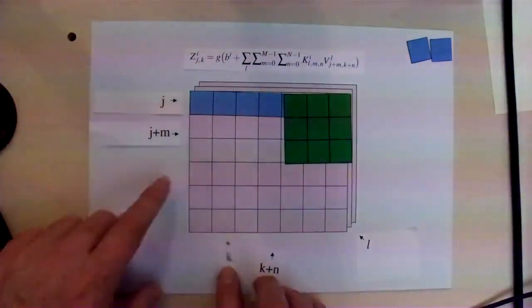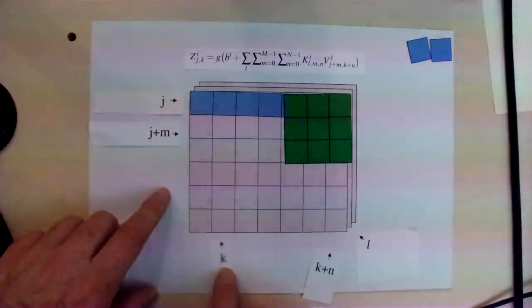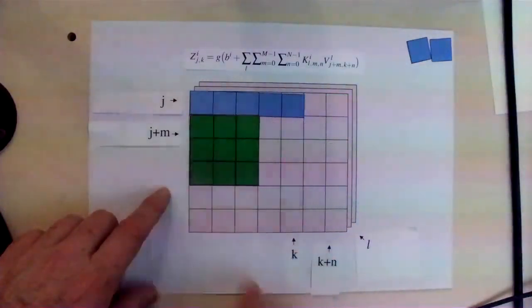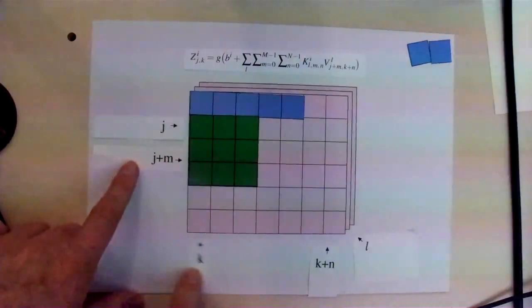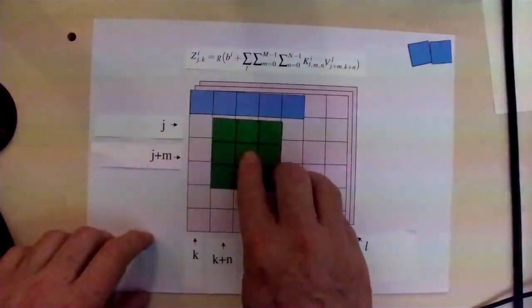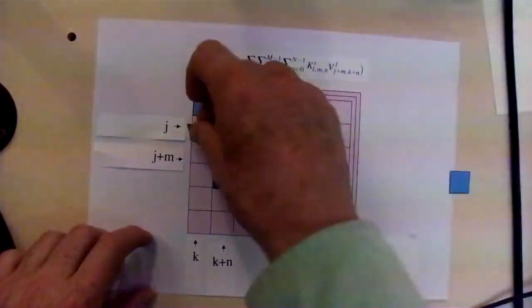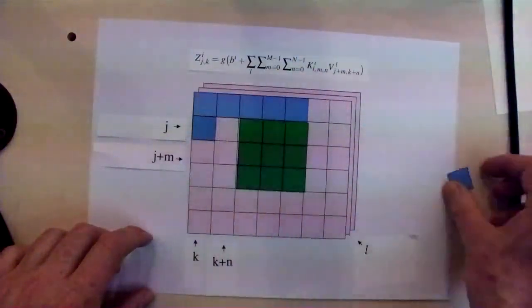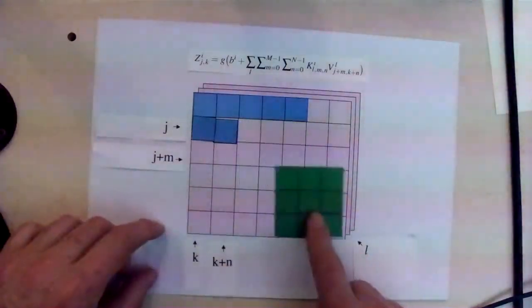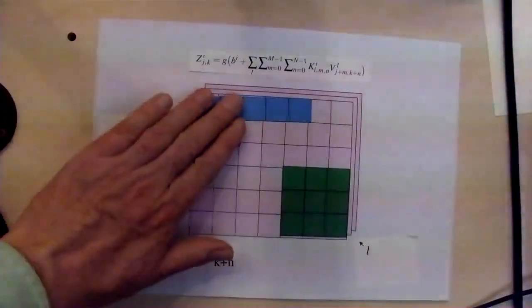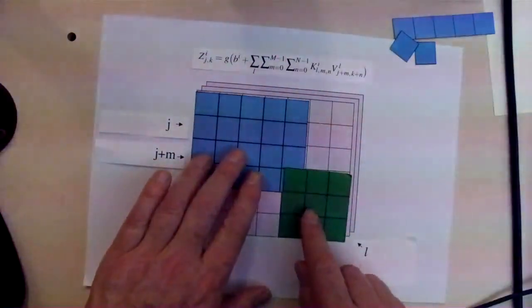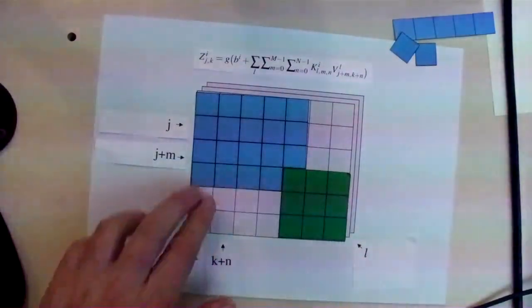So J stays still and K moves up to here, and then when that's all done, I come down and start doing the next row. J comes down here, and so on. So I compute that hidden node and then move along. And I continue this process until I get down to here, at which point I've computed all the nodes in that hidden layer.